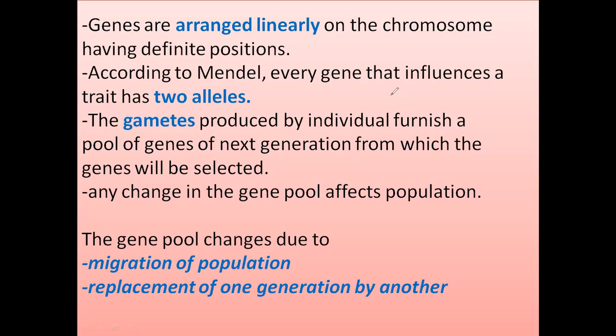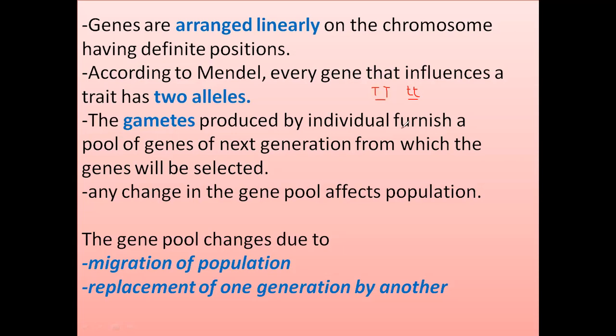Before a few minutes only I have explained to you, for example, height of the plant is a trait. Tall, capital T, small t, dwarf. So every gene that influences a trait has two alleles. Which trait? Height of the plant: tall, height of the plant: dwarf. So these are the alleles.